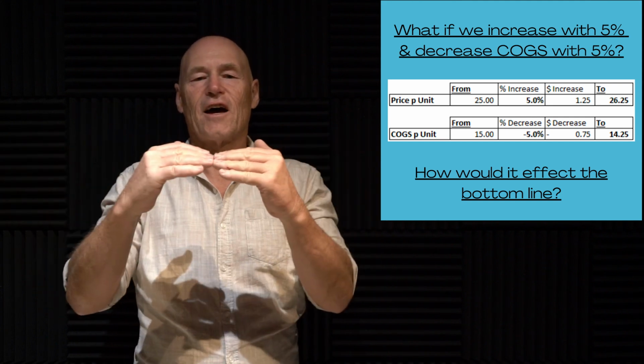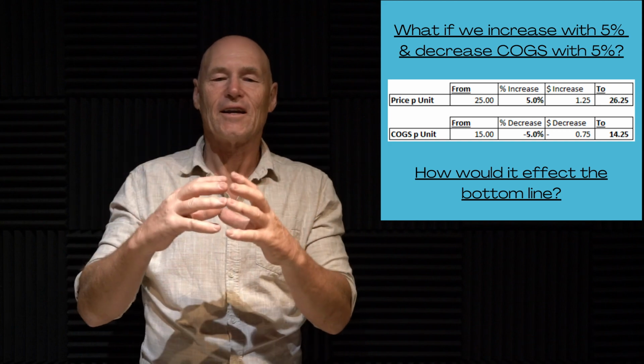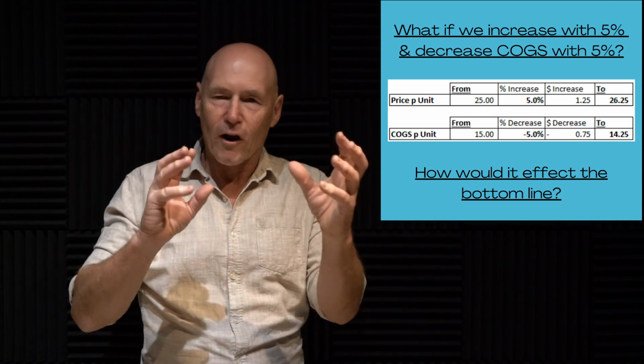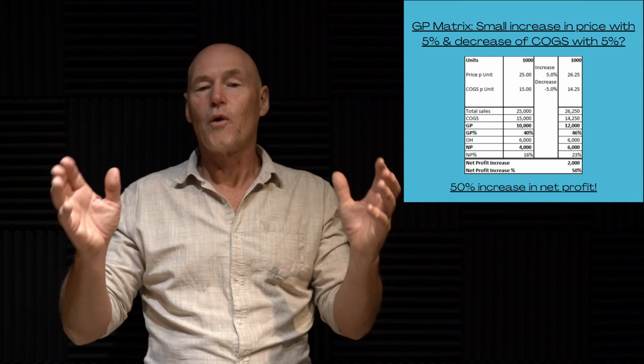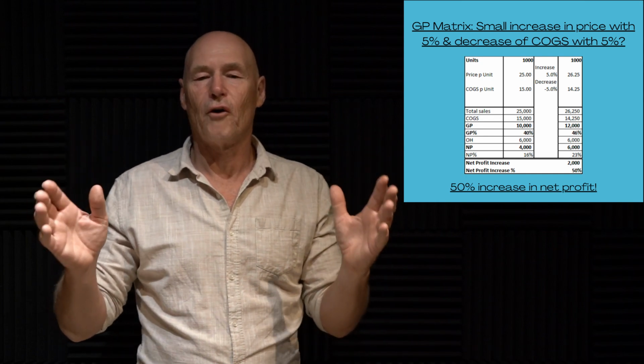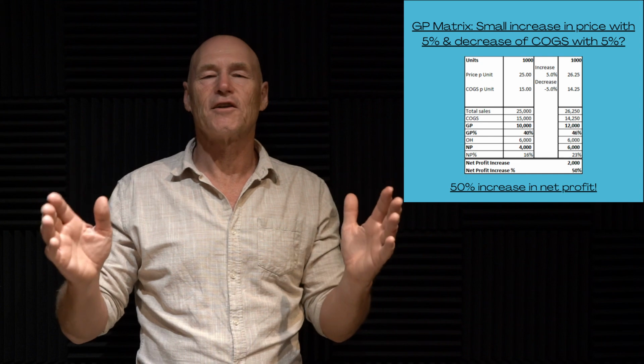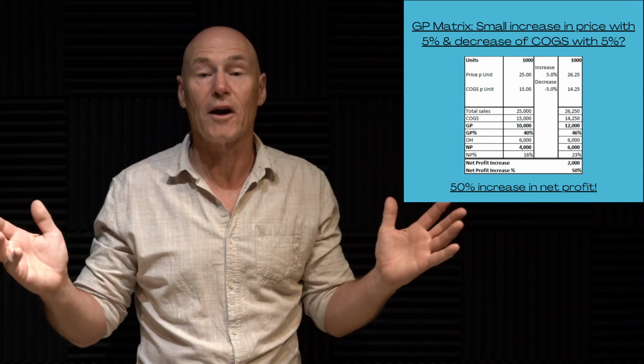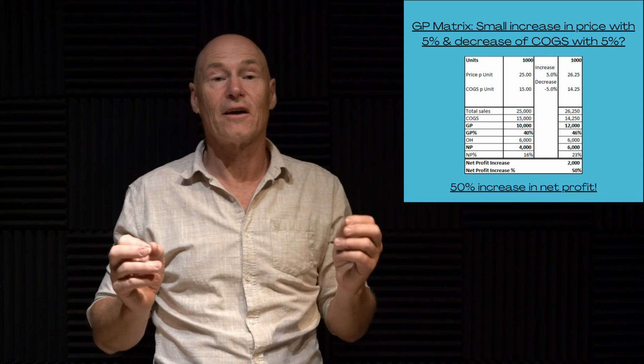Your overheads still stay the same, but we can see that eventually a small little bit of tuning, that's the magic of the gross profit as well. And that is why I'm saying it again, I call it the queen of your business. You have got a profound difference on your bottom line, a 50% increase on your net profit. That is quite amazing with a little bit of tweaks you can do here and there, isn't it?